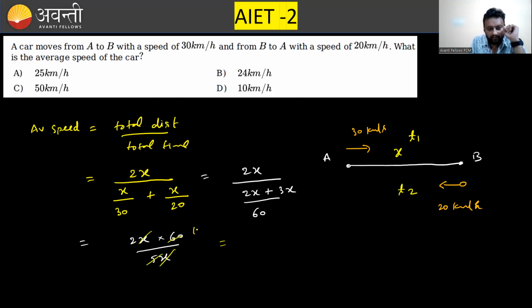That is 5, 12. That is 24 kilometer per hour. Is it clear to you? Very easy question. I think I should move further.